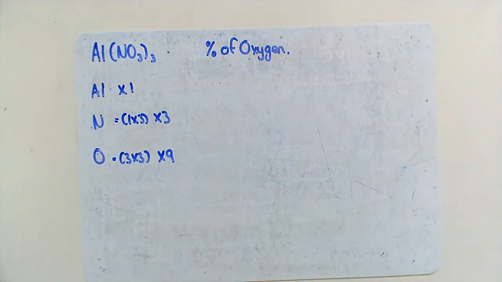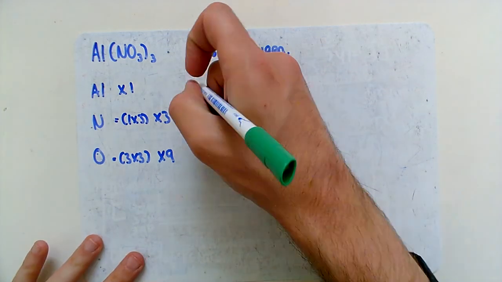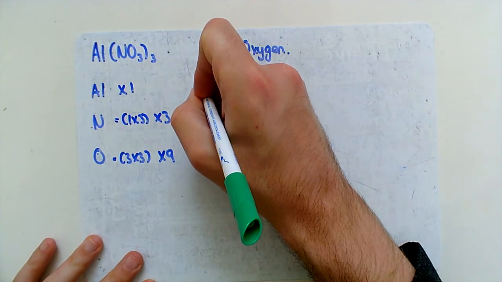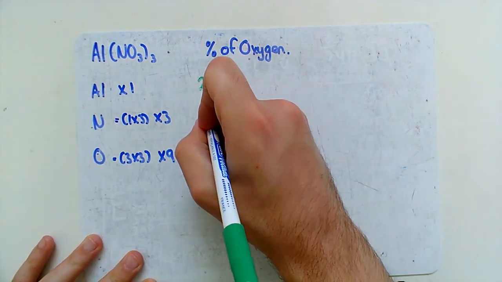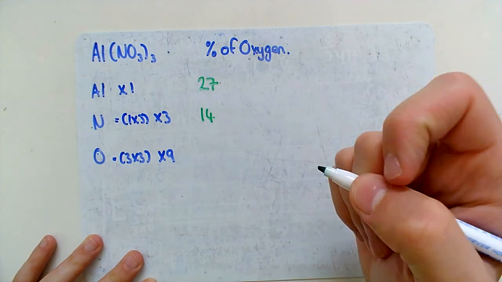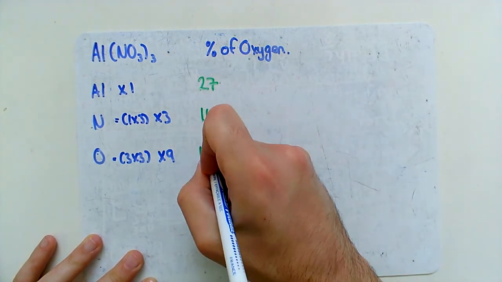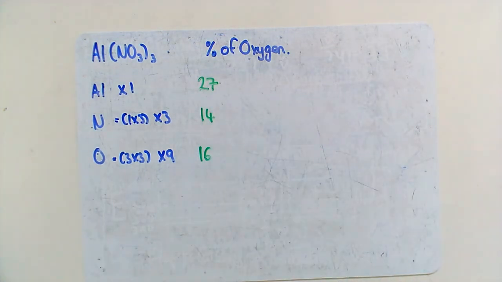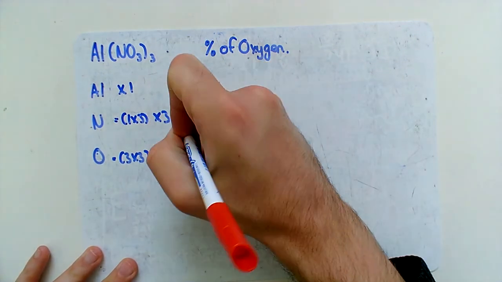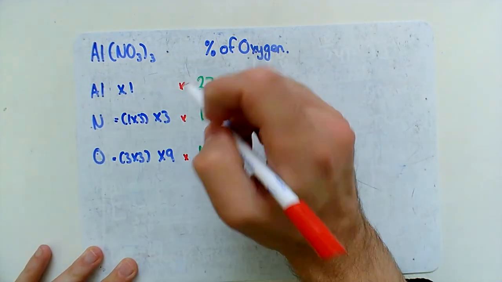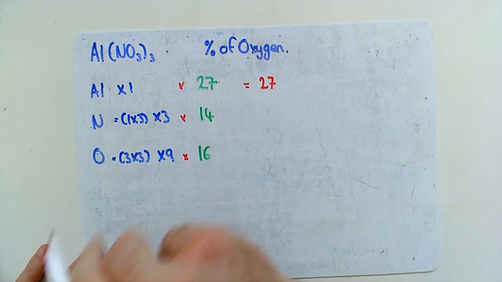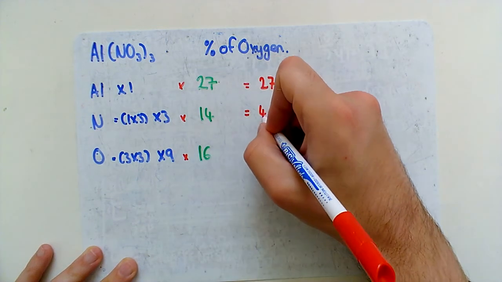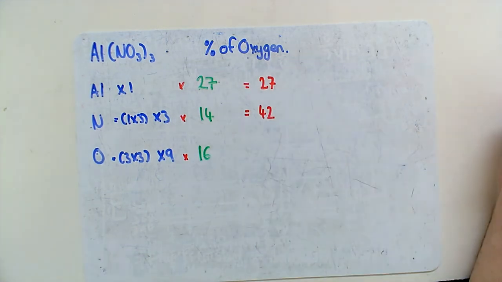And then I look up the mass of each one on page 7 of the data booklet. That's 27 for aluminium, 14 for nitrogen, and 16 for oxygen. I then need to multiply. So 1 times 27 equals 27. 3 times 14 equals 42.